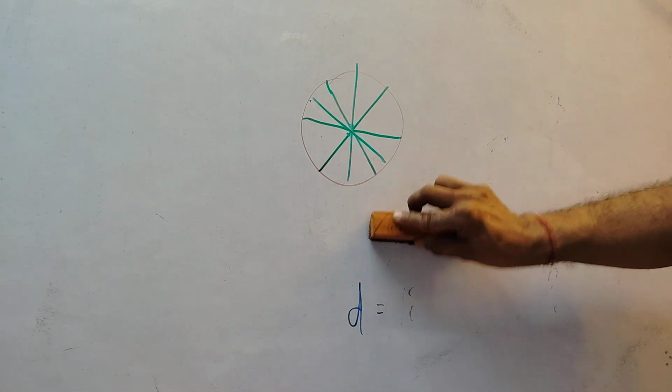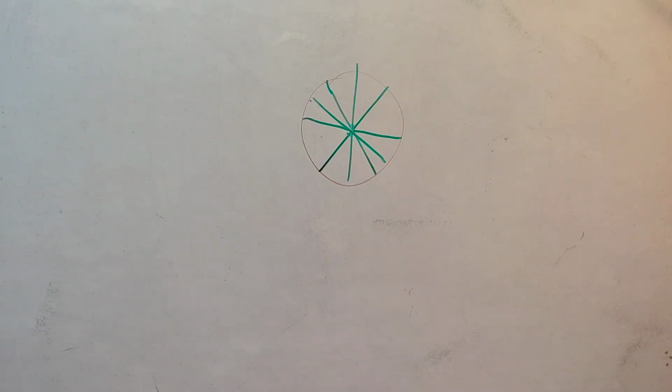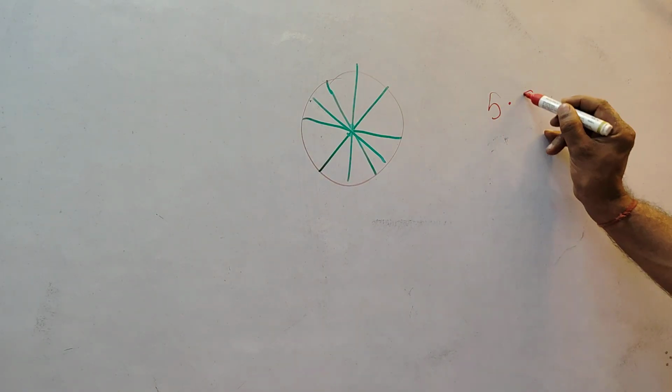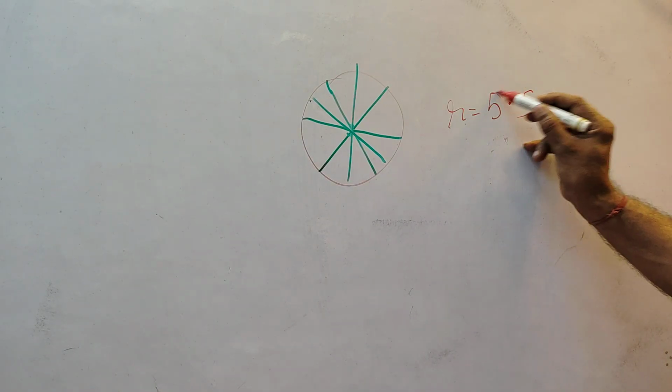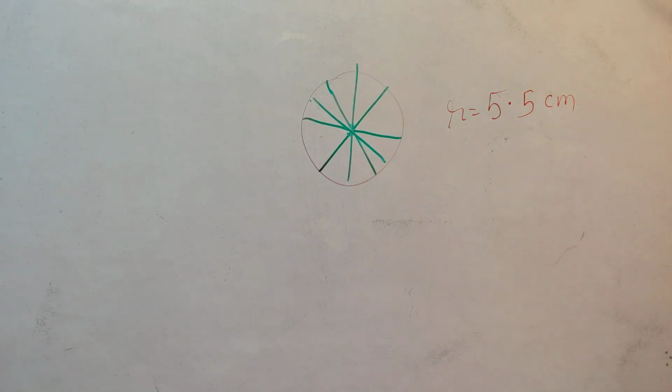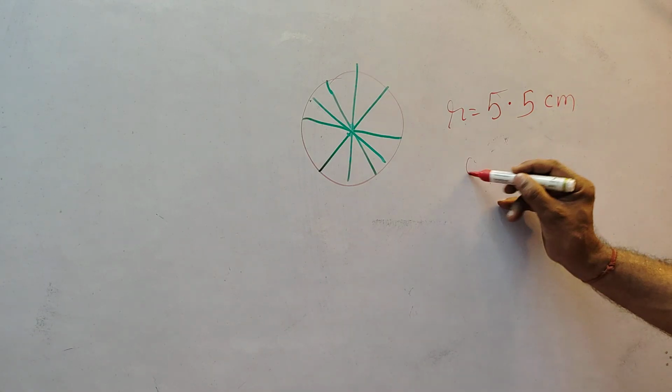Now can you tell, if the radius is 5.5 centimeters, what is the diameter?